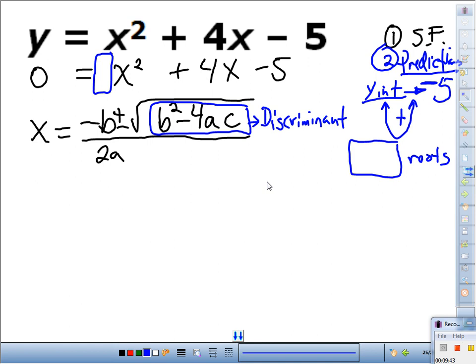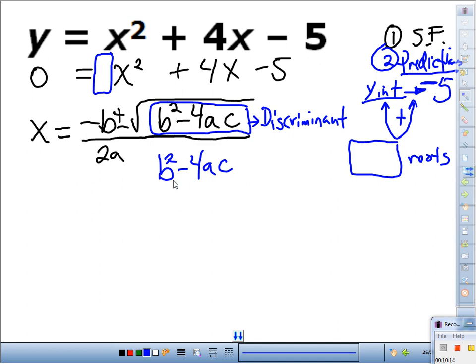Discrimination is when they focus more on one group versus another, or one thing versus another, right? That's why they call this one the discriminant, because we're going to focus on just one thing: not just finding the solution, but finding how many solutions. So I'm going to use this part, b squared minus 4ac. Pay attention because this is what you're going to be doing tonight.